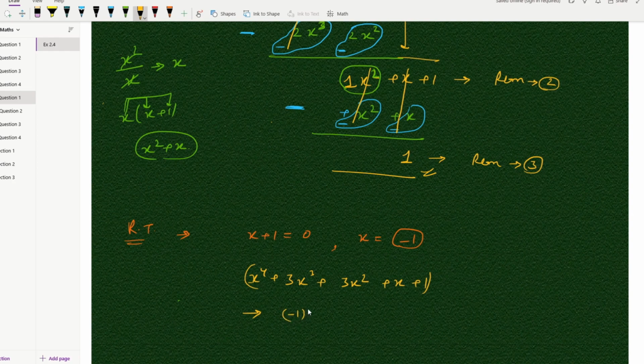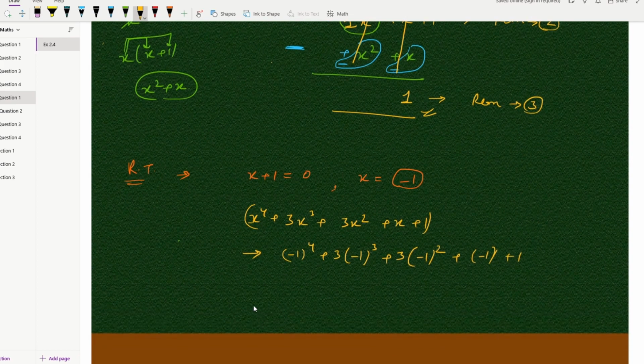This will be minus 1 raised to power 4 plus 3 minus 1 raised to power 3 plus 3 minus 1 raised to power 2 plus minus 1 plus 1. So minus 1 raised to power 4 will be plus 1, minus 1 raised to power 3 will be minus 1, and plus 3 into minus 1 will be minus 3.